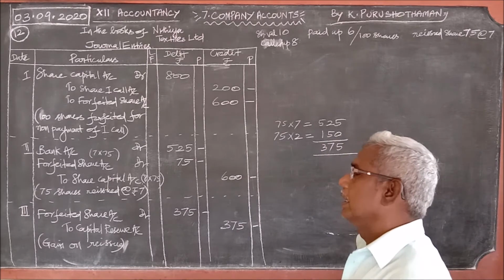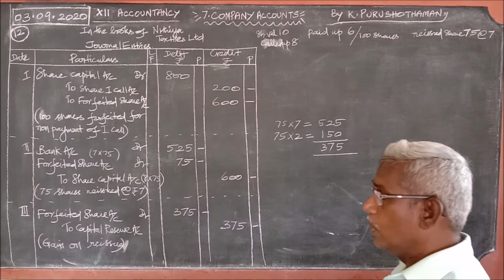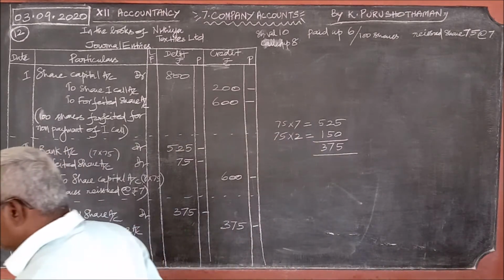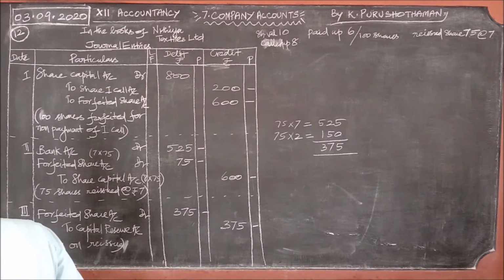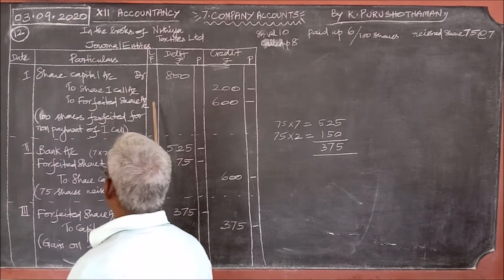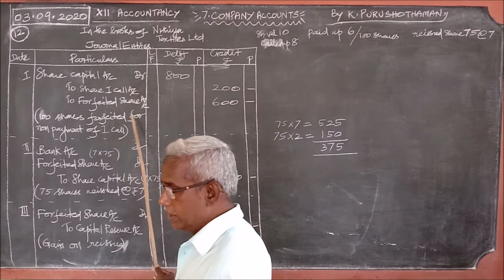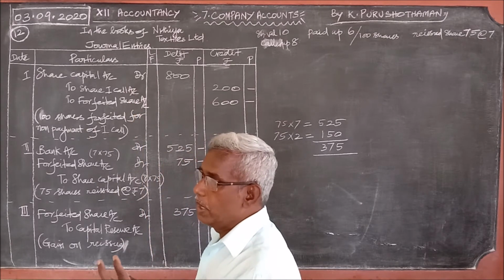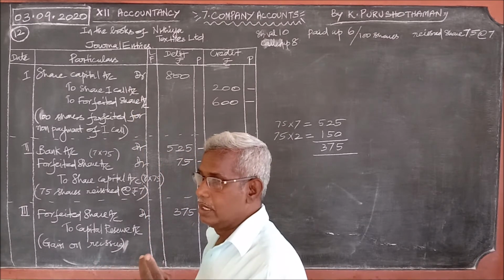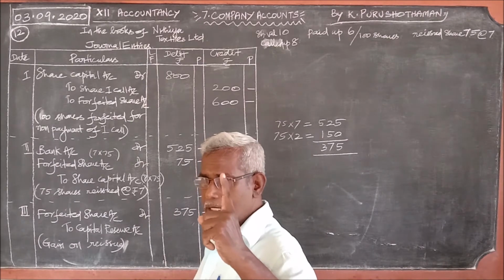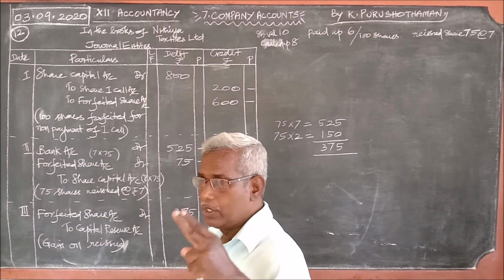Now we are coming to the next stage. What are you asked to pass? Pass journal entries for forfeiture and reissue. For forfeiture we have passed the entry. For reissue, I said that there are 2 entries. For forfeiture only 1, but for reissue there are 2 entries. Why?